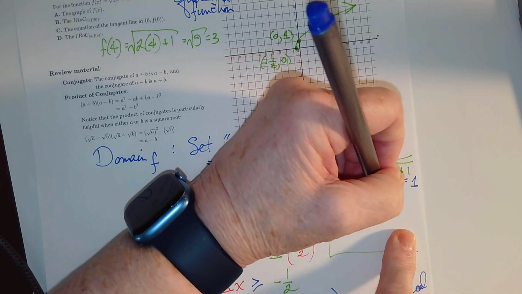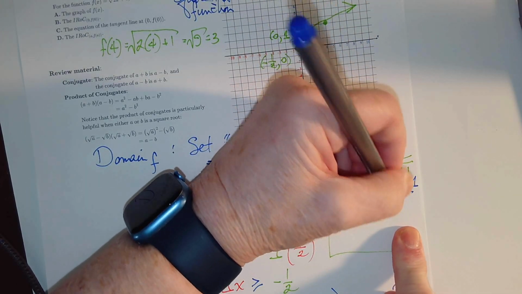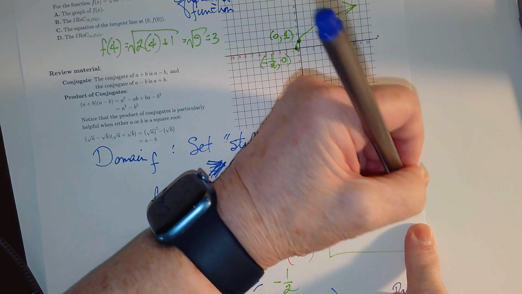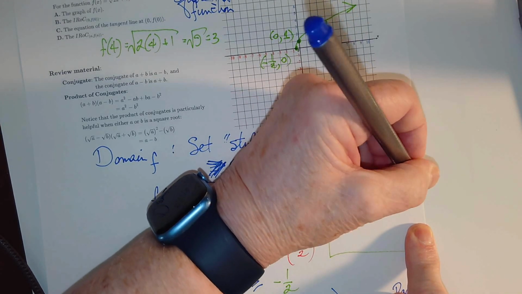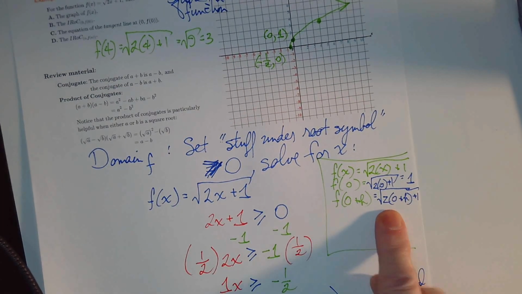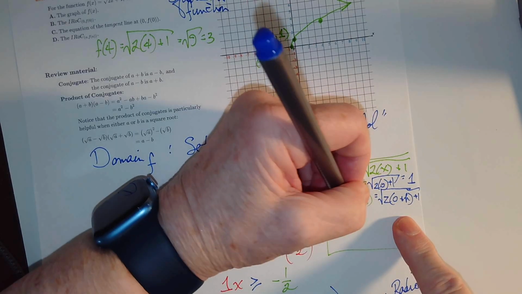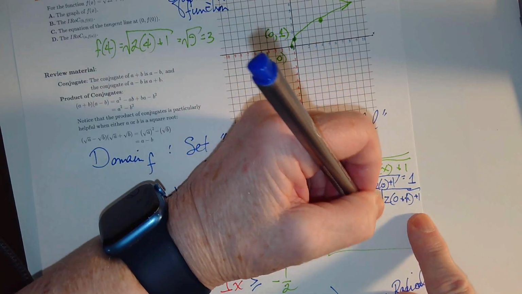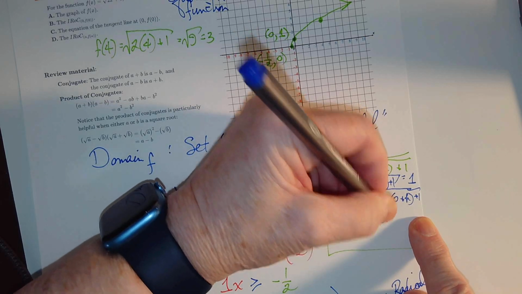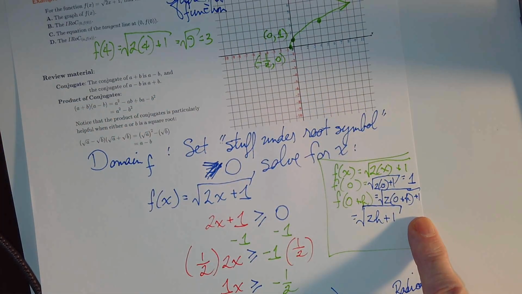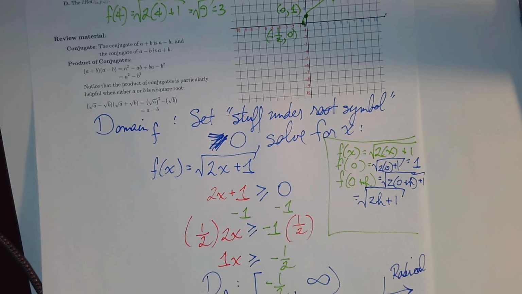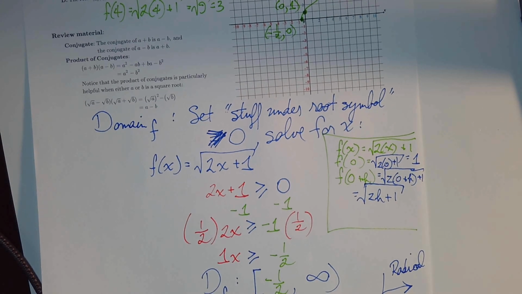And 2 times 0 plus h, plus 1. So I can distribute: 2 times 0 is 0, 2 times h is 2h, so 2h plus 1. Those are the two function values that we'll plug in.